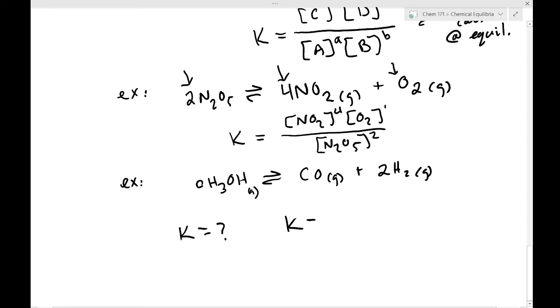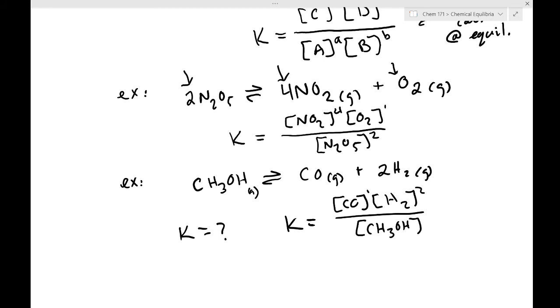Well, we can form it right away in terms of the concentrations. This would just be products. There's a 1 there because of the stoichiometric 1. Products multiplied together divided by reactants. Okay. Oh, that's a really bad C. Might not be so clear. There we go. Okay. This is the equilibrium constant.